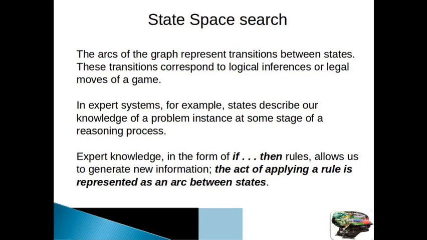Expert knowledge in the form of if-then rules allows us to generate new information. The act of applying a rule is represented as an arc between states, between the discrete nodes.